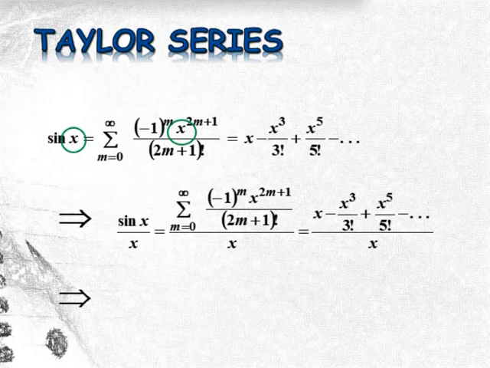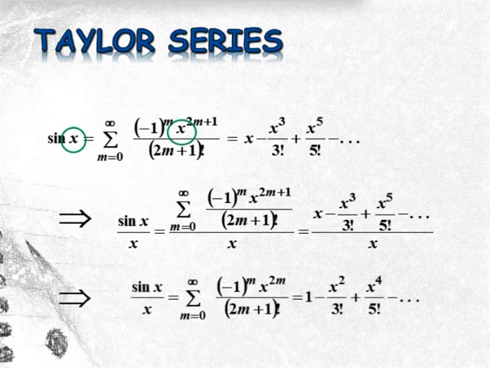So let us divide the expression by x and we will end up with the summation from m equals 0 to infinity of negative 1 to the m times x to the 2m over 2m plus 1 factorial. Or in addition form, you will end up with 1 minus x squared over 3 factorial plus x to the 4th over 5 factorial.